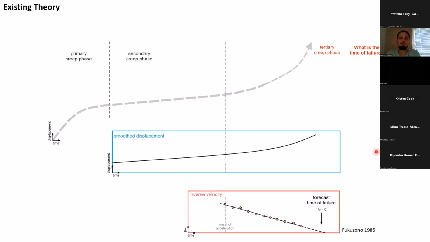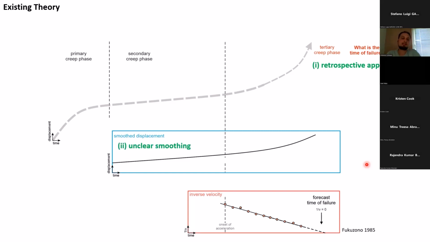This is good so far, but we also identified that sometimes we have some drawbacks with this. The first one is that in the literature, this is often applied retrospectively. After a failure has happened, people analyze how well they could have forecasted the time of the failure. But this doesn't, of course, help for my case where the failure didn't happen yet.